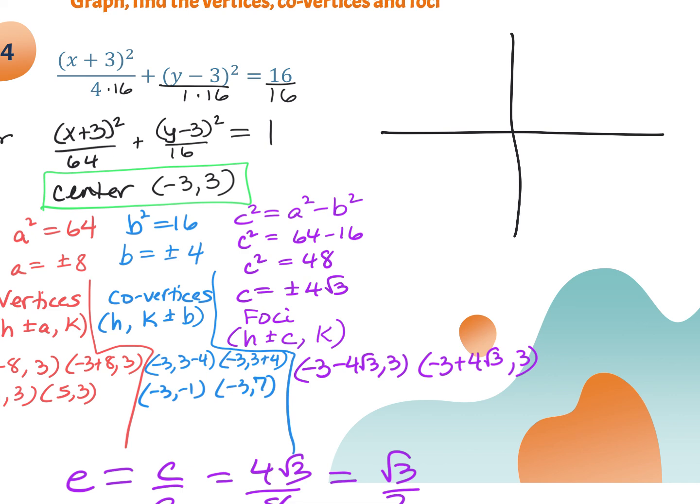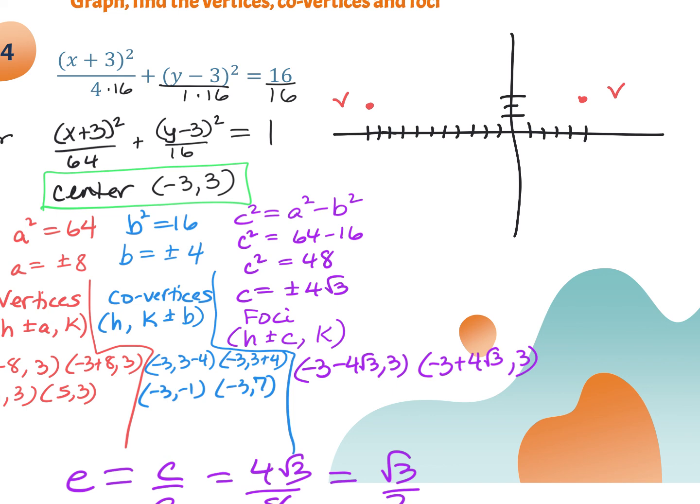And my vertices are located, I got to go to -11. 1, 2, 3, 4, 5, 6, 7, 8, 9, 10, 11. And then 1, 2, 3, 4, 5. And then it goes up to 1, 2, 3. So I am at -11, +3 for a vertex, +5, +3.